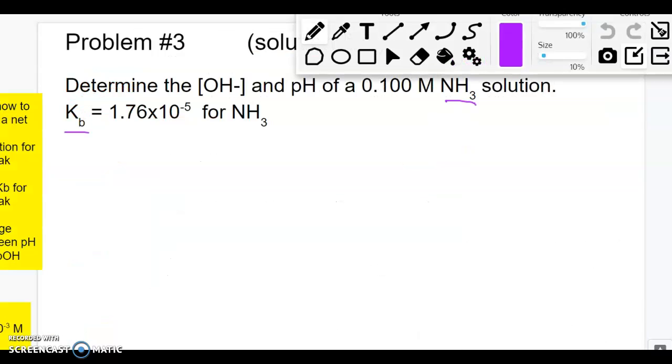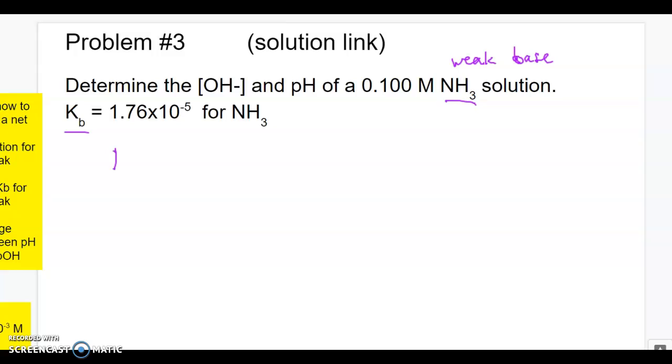So NH3, weak base. If it's a weak base, that means that it actually absorbs a proton when mixed with water. So we're going to put this in: NH3 aqueous plus H2O. Because it's weak, it has the forward and reverse reaction.